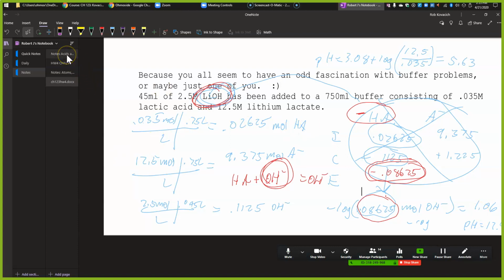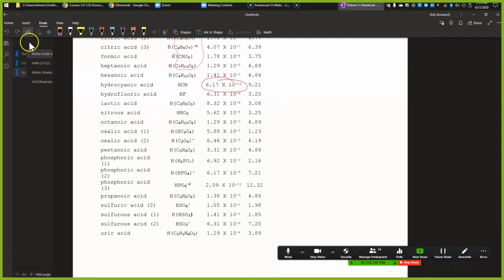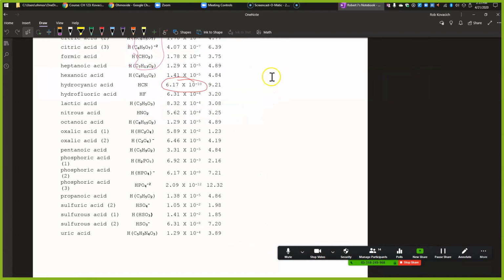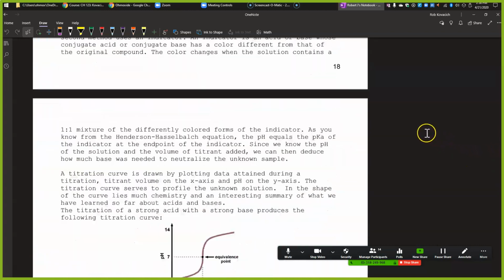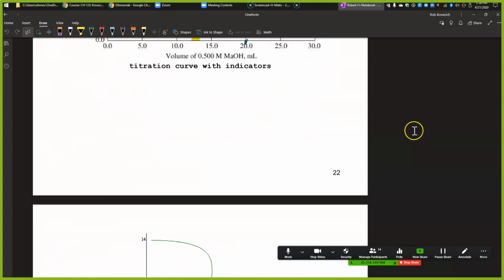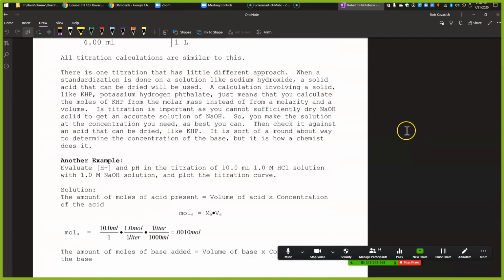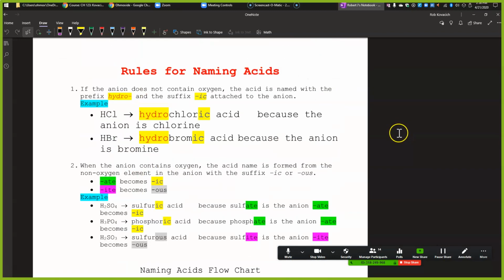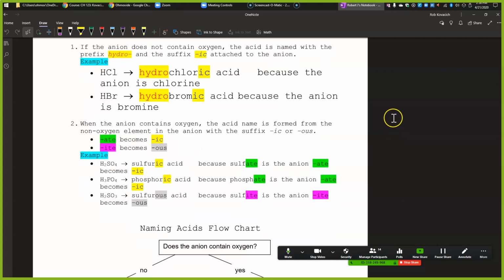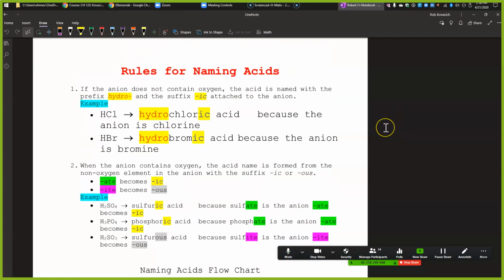Okay, questions? Anybody? I think the only thing we didn't talk about actually was this page, and I just threw this in here because it seemed like I should put this in here.